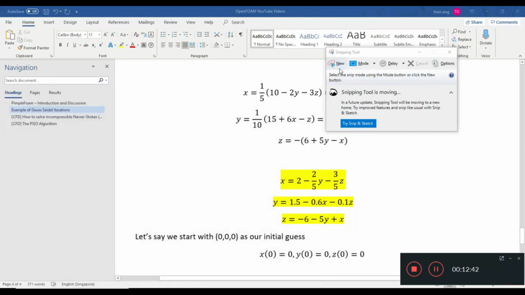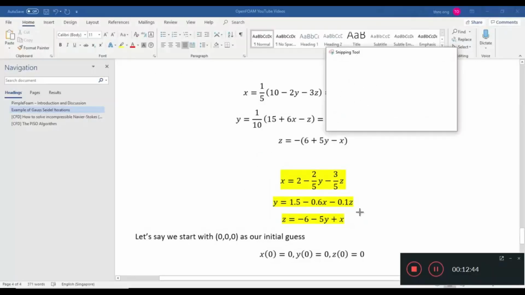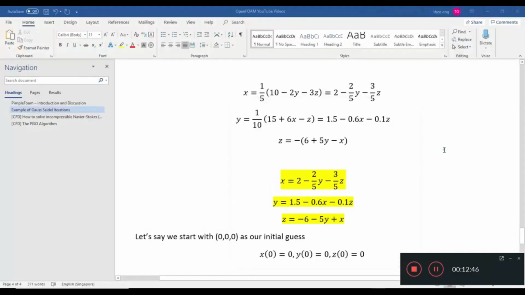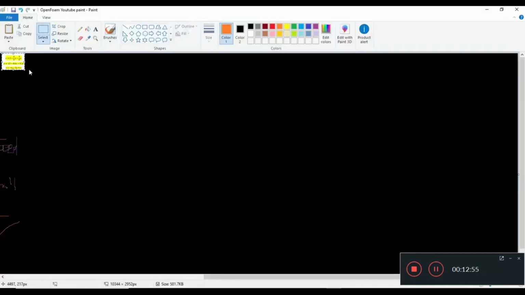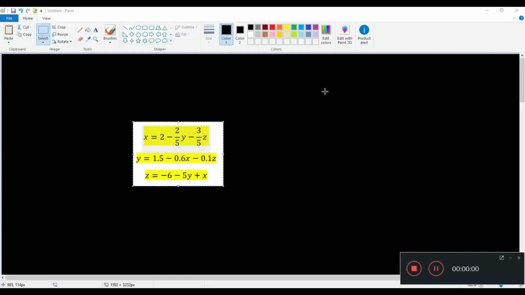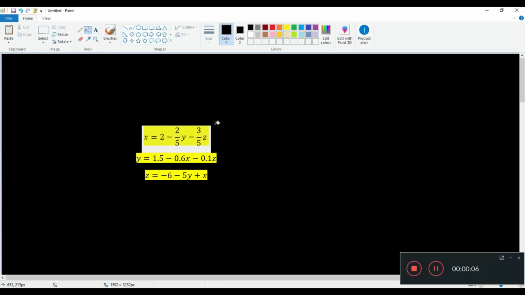I'm going to copy and paste this and put it in Paint. I would like to color this part black first, so it will look nicer. I'll just get rid of this and use a light blue.